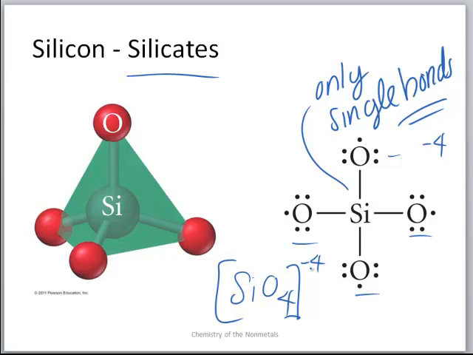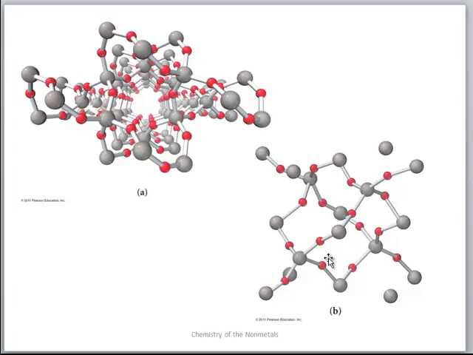Okay, it turns out that we rarely see individual tetrahedrons of silicates. They either form covalent network structures that we previously discussed briefly, and this would be an example of quartz, both macroscopic and microscopic views of this.